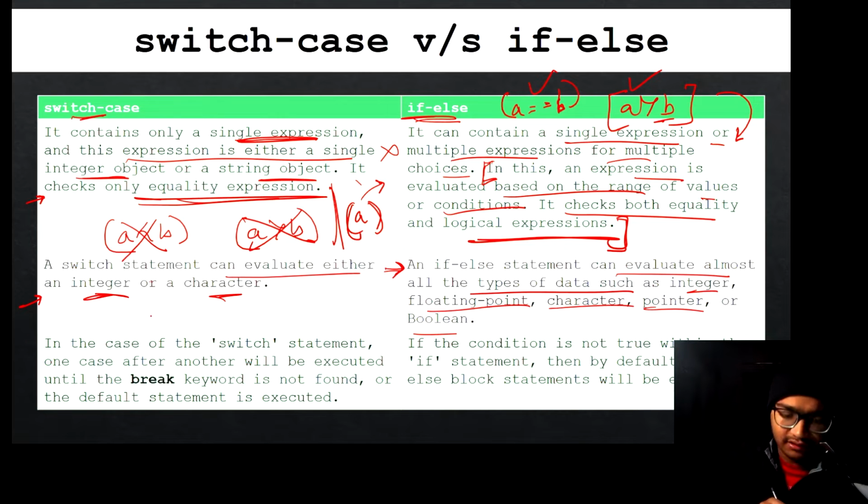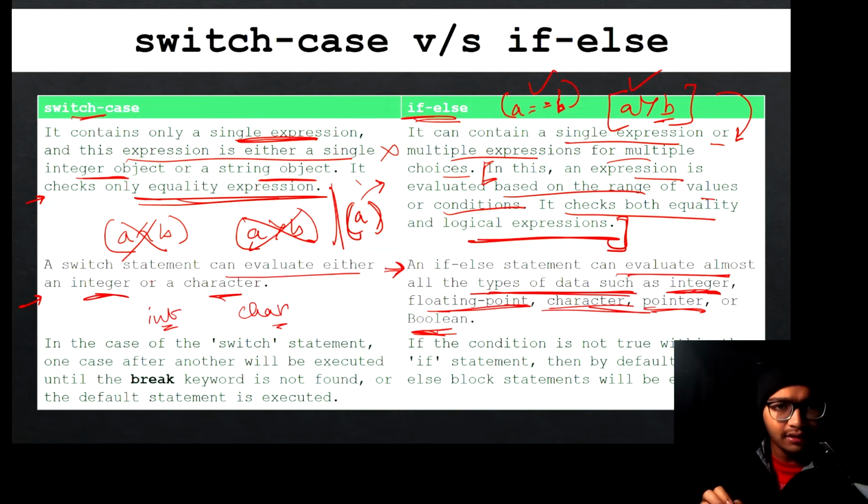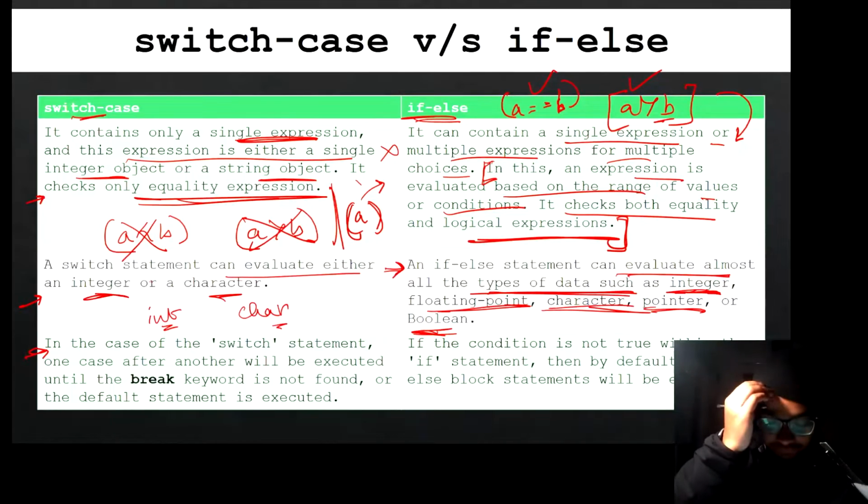It can compare whether there is an integer in variable A, or whether there is a character in variable A. But if else can compare all types. So this way you can say that if else is much more versatile in comparing data types. It can evaluate integer, floating point, that is real numbers, character, pointer, boolean. Okay, now let's see the last difference.